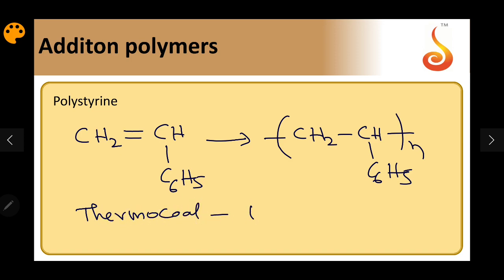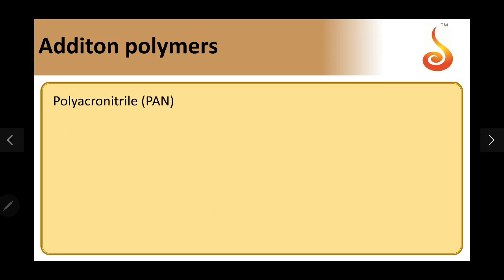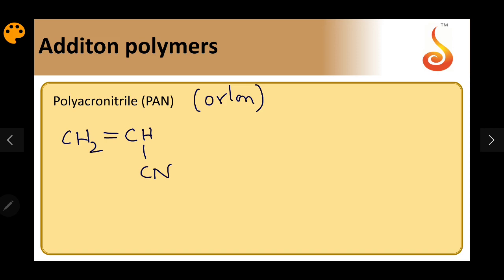Also the beans used in bean bags are nothing but polystyrene material. Polyacrylonitrile, PAN, is also known as Orlon. The monomer is CH2=CH-CN, with the cyanide group. This is polymerized to get Orlon or polyacrylonitrile.